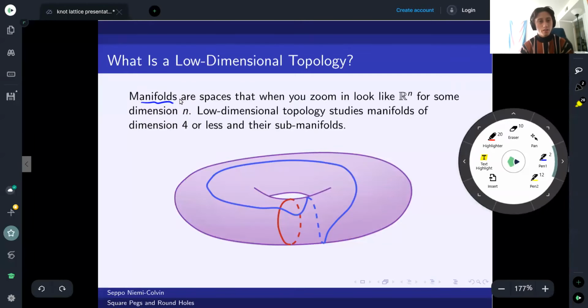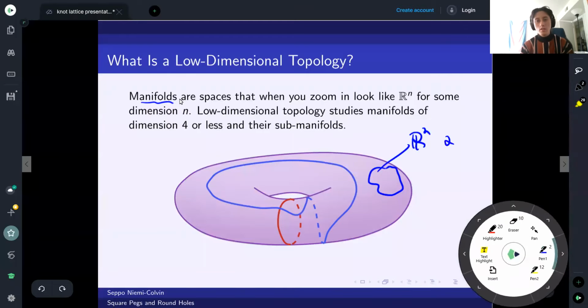As an example, I have a torus up here. If we zoom in, say to this patch, this will look like R^2. So this is a two-dimensional manifold. Furthermore, I've drawn in here two curves, which if you zoom into them, look like R^1. These are one-dimensional submanifolds.